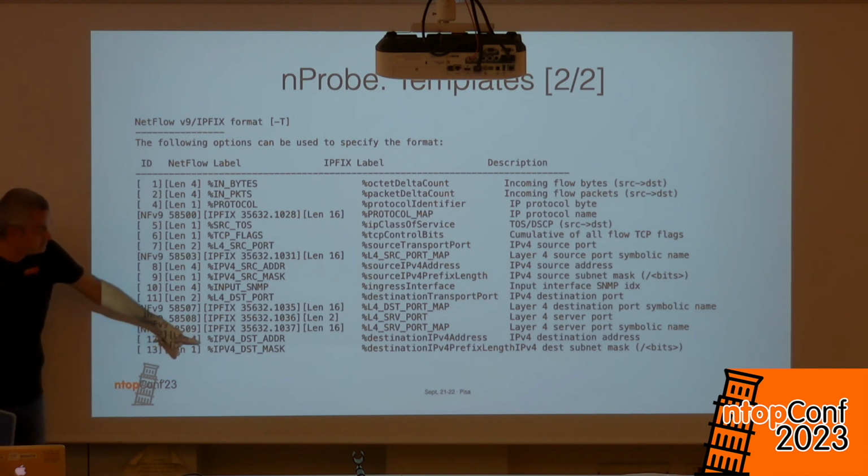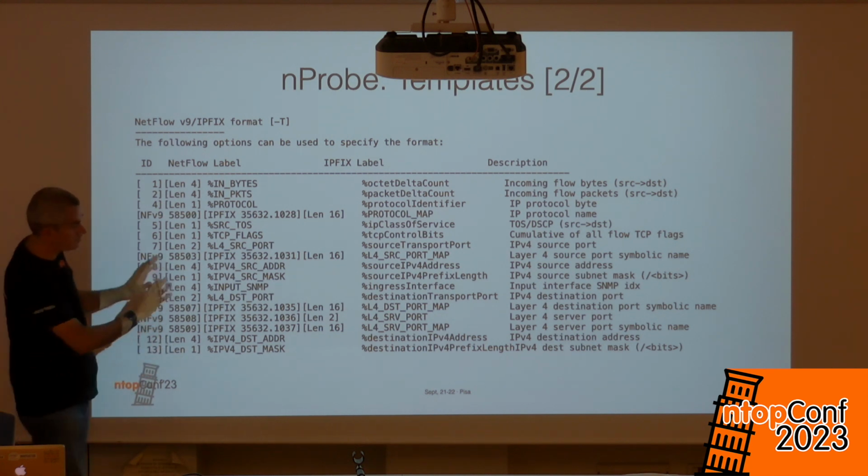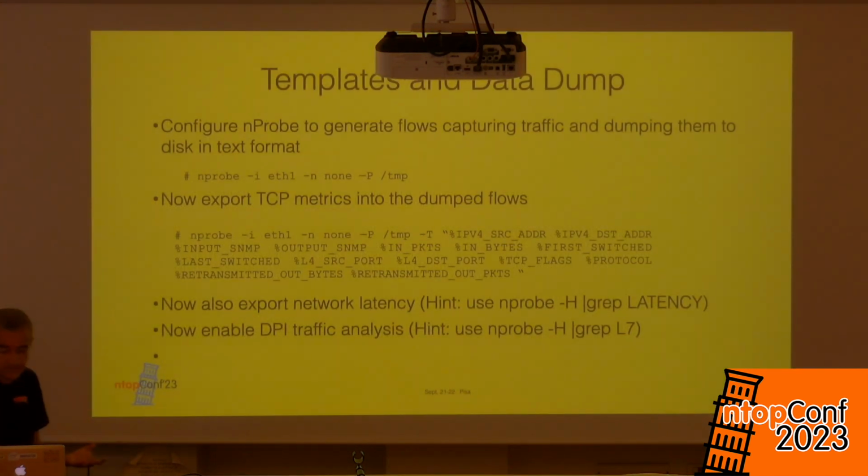If you want to export the TLS name, the SNI, so the name of the host inside the HTTPS connection that contains the destination host name, nprobe knows that it has to decode the initial TLS negotiation, which is not encrypted, and extract this data. If you don't say that, it simply ignores TLS. So a template is a way to define what to export and, of course, the format.